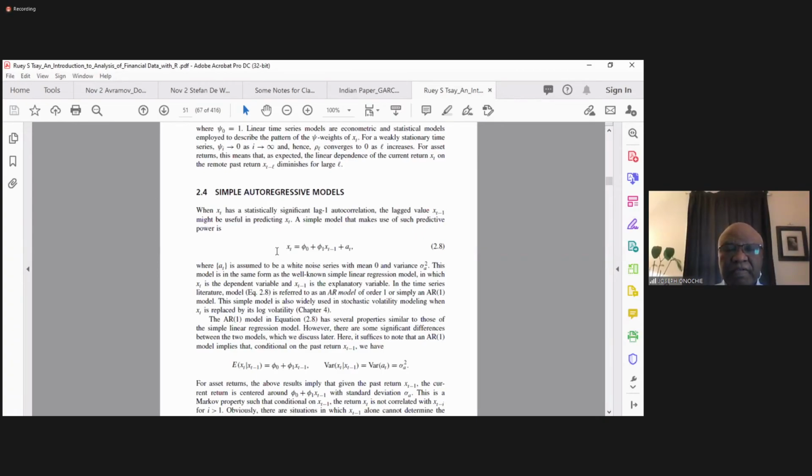So in other words, Facebook's return today, we know somehow, is determined by a given constant, an average return. So the return to Facebook today is some average number plus a function of yesterday's Facebook return, plus or minus something.